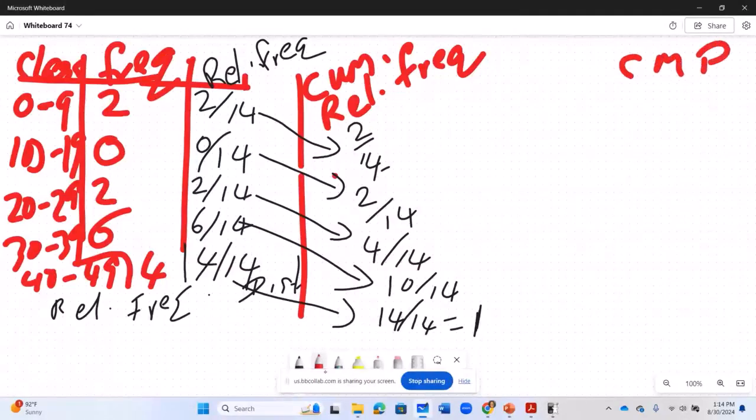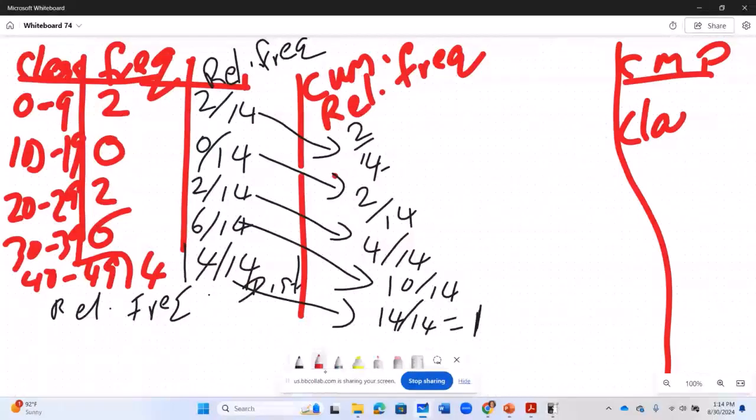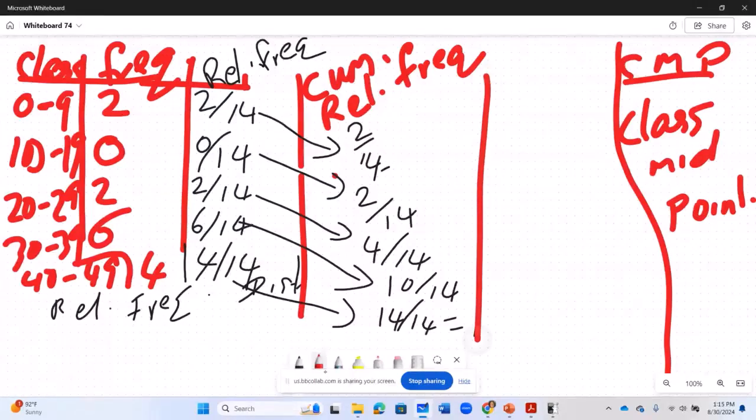CMP, class midpoint. Every class must have a class midpoint.